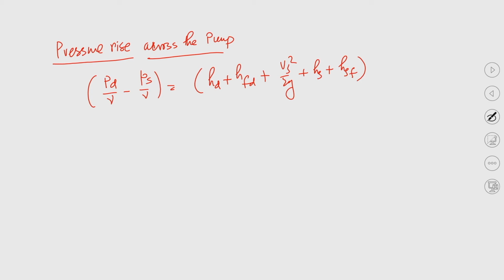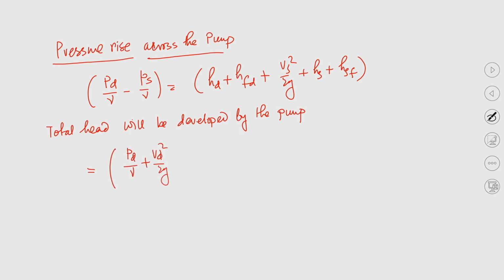And also you can calculate the total head that will be developed by the pump, is equal to P d by gamma plus V d square by 2 g minus P s by gamma plus V s square by 2 g. So, this is the total head developed by the pump, right.